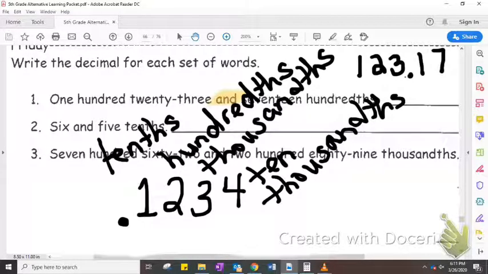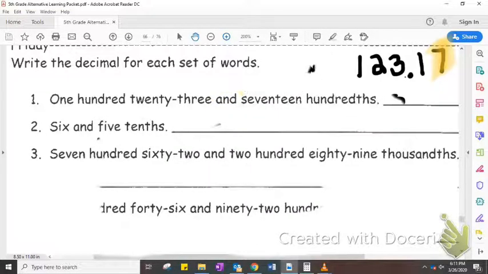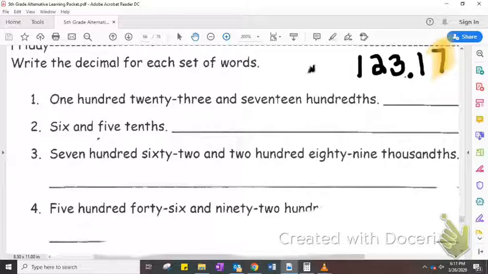So for 17/100ths, you look at the last digit in 17, and where is that located? It's in the hundredths place. Okay. 6 and 5/10ths. So 6 and the decimal point, 5/10ths.